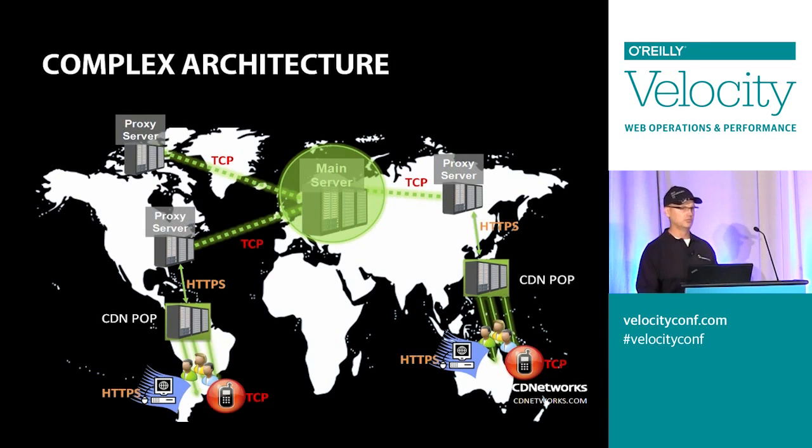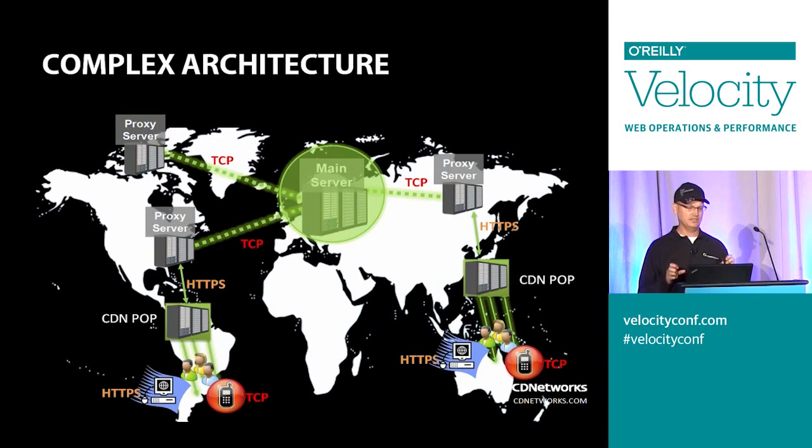Which leads to what I'm seeing a lot more, which is common architectures where somebody will have their main application that really has no end users connected to it. So they've built out this main application, there's no end users connected to it, and they have proxy or application servers in a couple of regional locations, generally not enough for global performance.